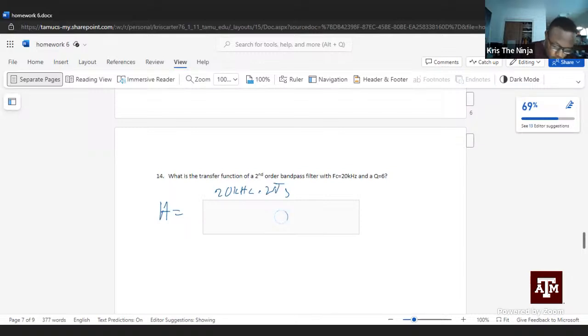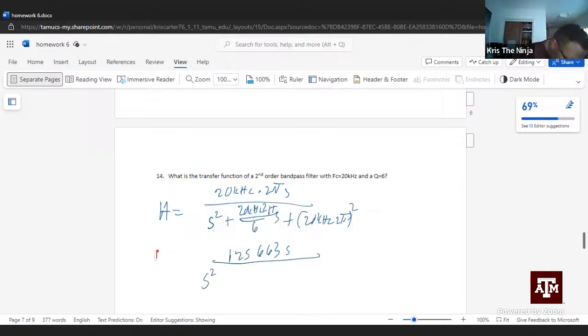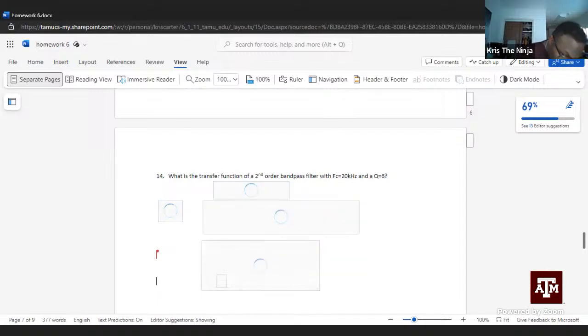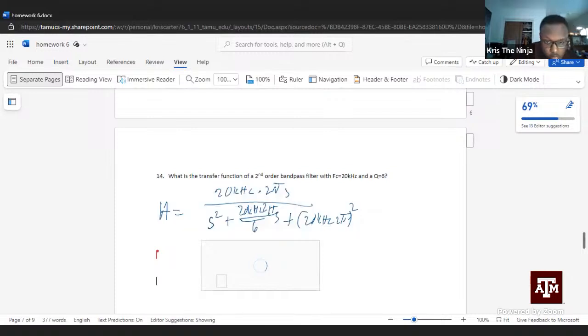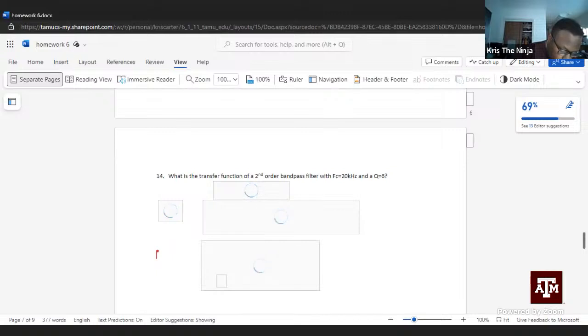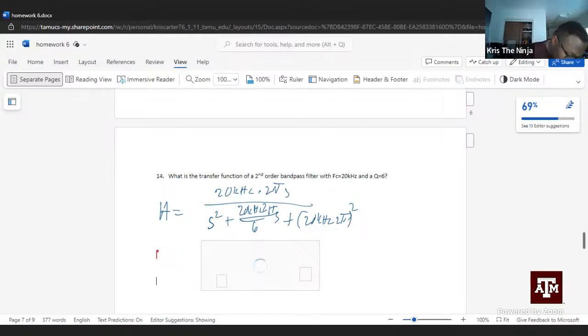We get s squared plus 20,943.95 s plus this value squared, 1.579 times 10 to the 10th. So yeah, that's this one.